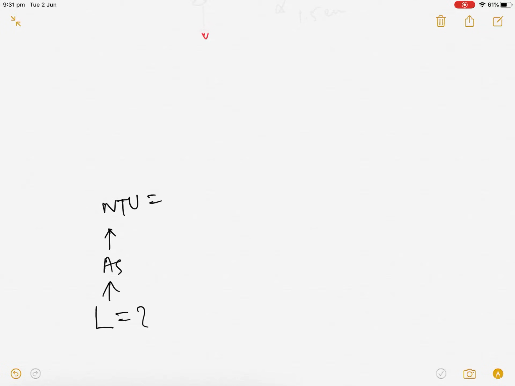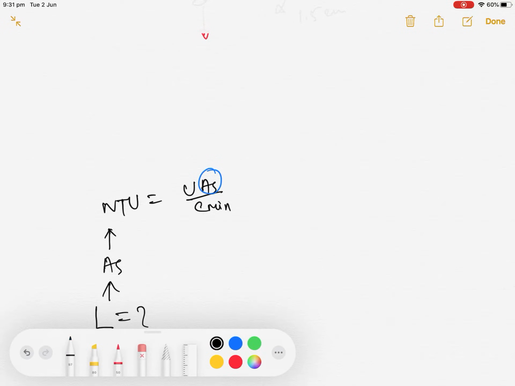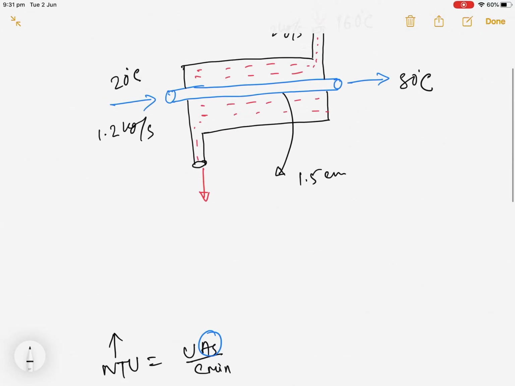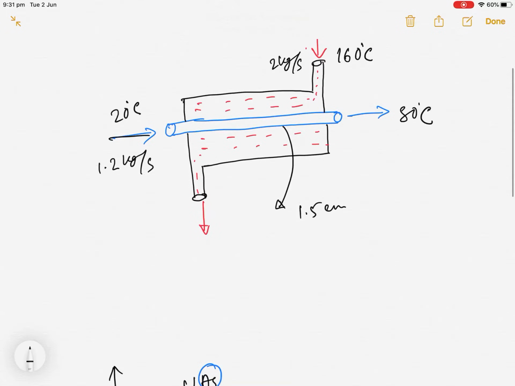This is a function of the heat transfer surface area. NTU is actually UAs over Cmin. This As is the heat transfer surface area. So if we calculate the NTU by using the effectiveness-NTU approach, then we will get the surface area. That means we need the NTU value.